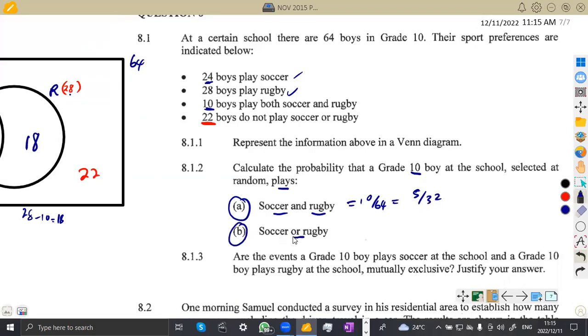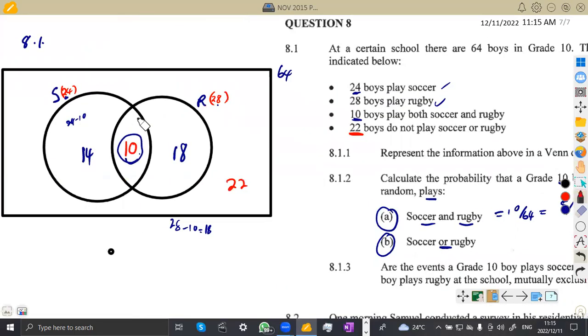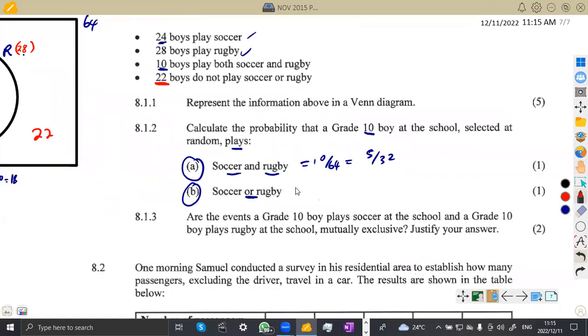B, soccer or rugby, those who play soccer or rugby. So we mean the union of these two sets, combining these two. So we're going to add 14 plus 10 plus 18, all over 64.